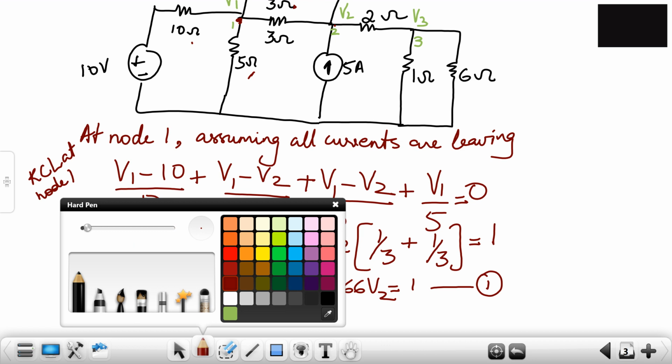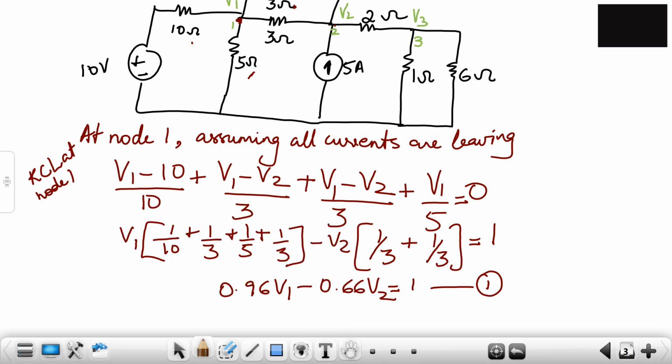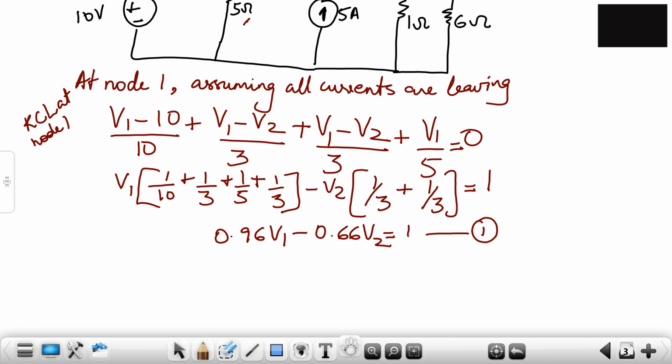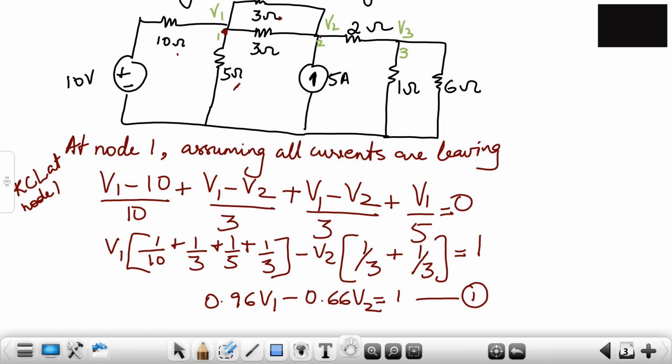Now let's find the equation at node 2. What will be at node 2?